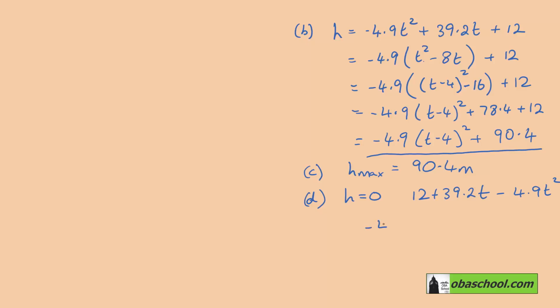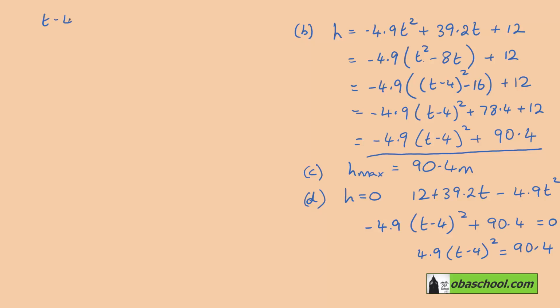So we can say negative 4.9 (t minus 4) squared plus 90.4 is equal to 0. And rearranging, that would give me 4.9 (t minus 4) squared equals 90.4.